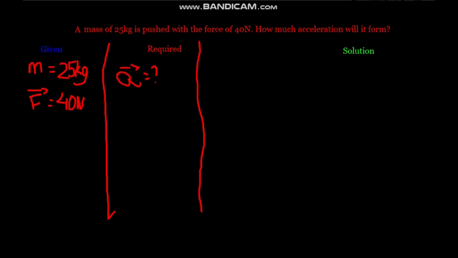We're going to derive the acceleration formula too. Let's use the force formula first. F equals ma, and then we divide by m for a to be alone.